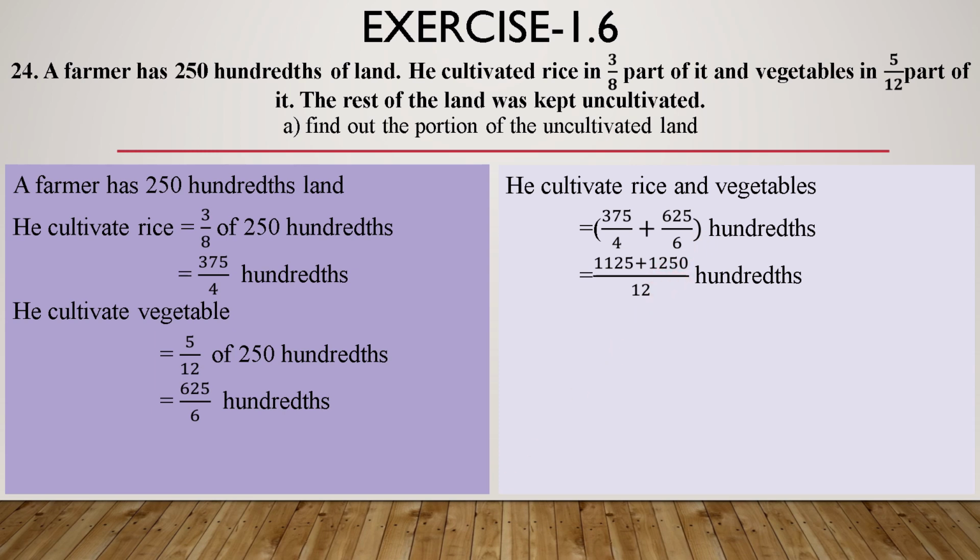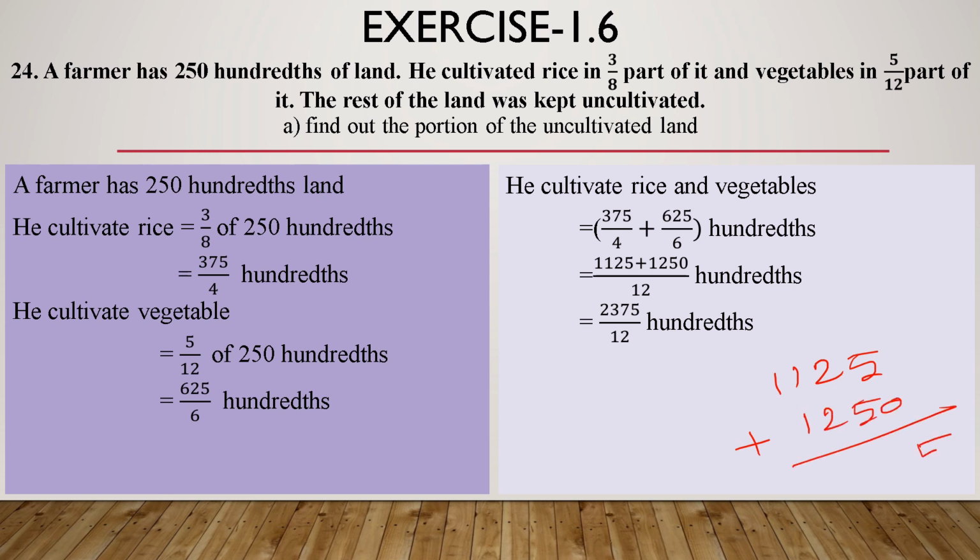And after that, we will add 1125 plus 1250. What will we get? 5 plus 0 is 5, 5 plus 2 is 7, 2 plus 1 is 3, 1 plus 1 is 2. So 2375 is the desired sum. So that's why we have written 2375 divided by 12 hundredths.